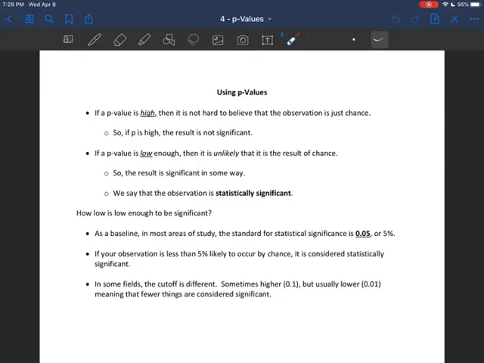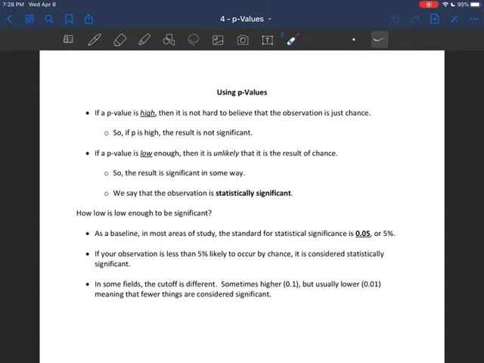How low is low enough? Well, as a baseline, across most disciplines of science and social science and anything else that uses p-values, the standard for statistical significance is 0.05, or 5%. If your observation is less than 5% likely to occur by chance, then it's considered statistically significant.